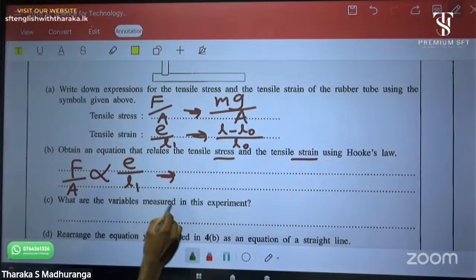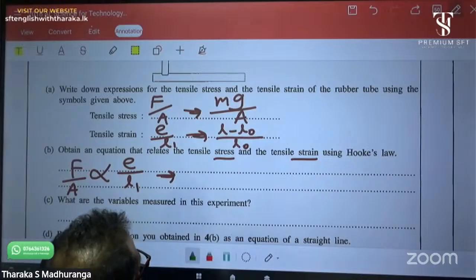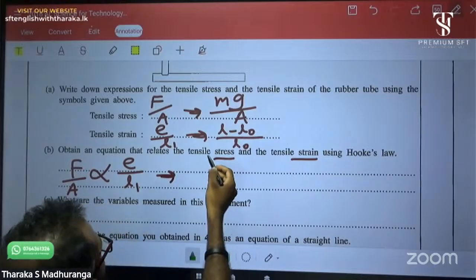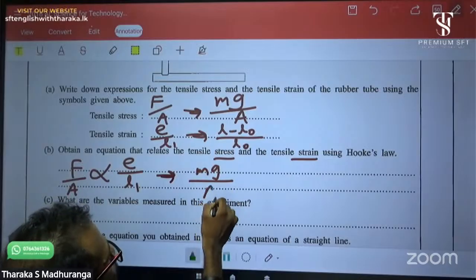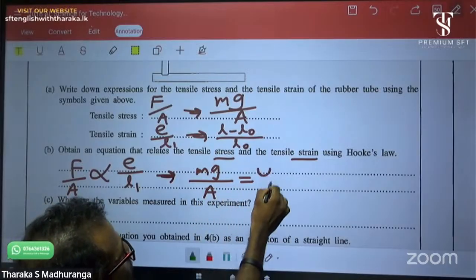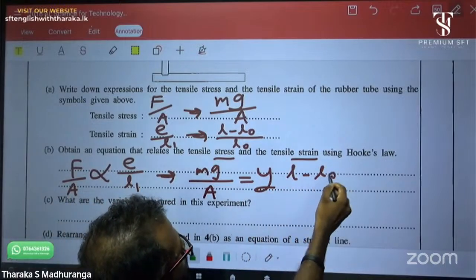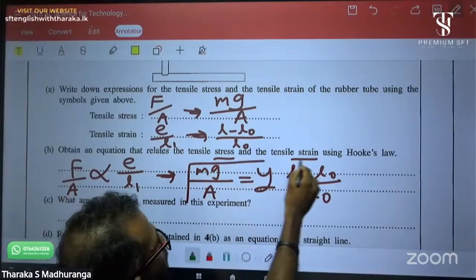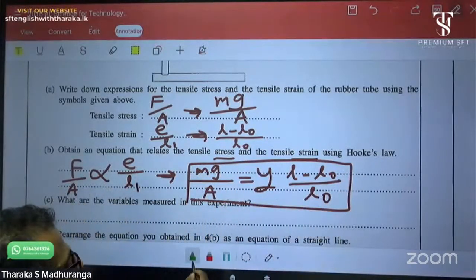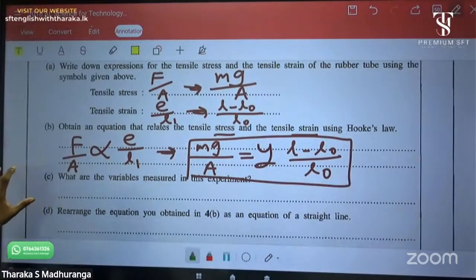To remove the proportional sign, use Young's modulus. Now you have to write this according to the given data. So we put mg: mg divided by A equals Young's modulus times L minus L naught divided by L naught. Only symbols. This is the equation. Right? Any doubt, please ask me.